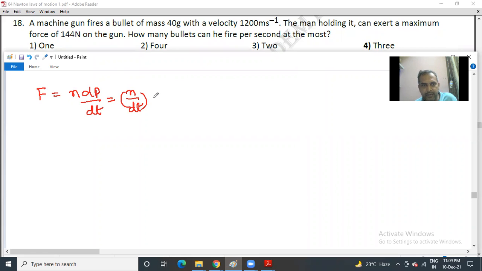This dp, let us write as n bullets each of mass m and with velocity v, so momentum will be mv. Now we need to find n by dt. F is given as 144 newtons. Mass is 40 grams, that means 40 into 10 to the power of minus 3, and velocity is 1200.